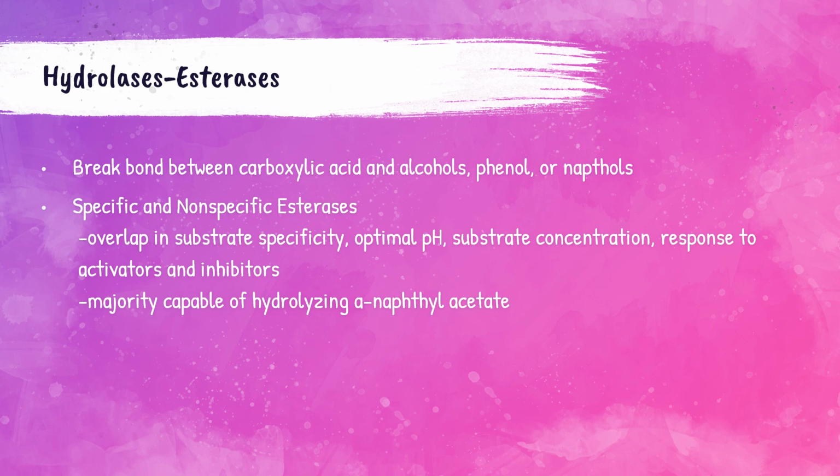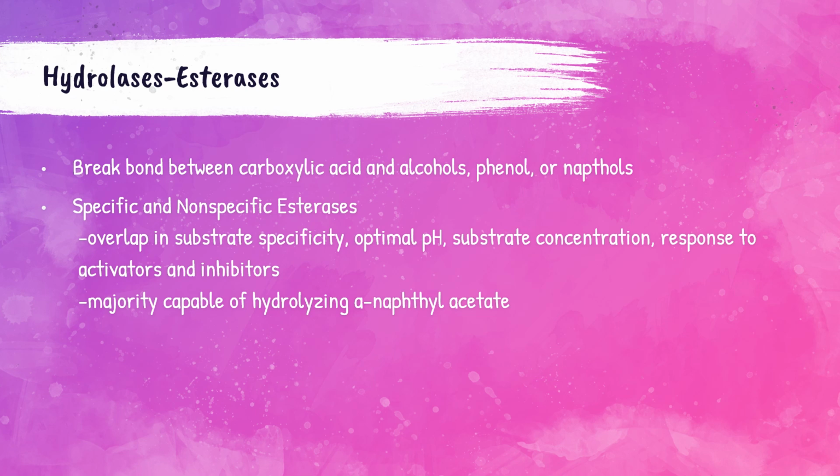Okay, remember how I said previously that there are 3 classes of hydrolases: esterases, phosphatases, and peptidases. The esterases are enzymes that are capable of breaking the bond between carboxylic acid and alcohols, phenols, or naphthols. They are further divided into specific and non-specific esterases, although the classifications are not very straightforward, unfortunately.